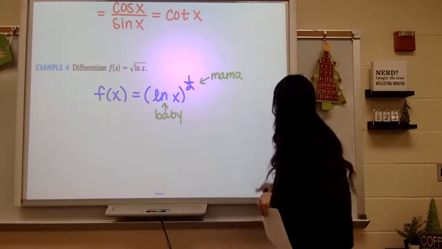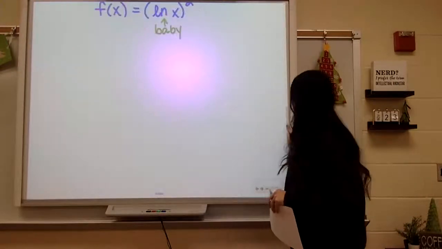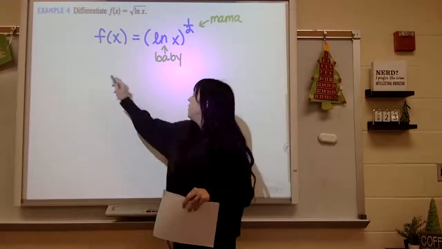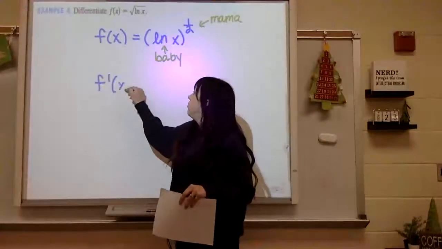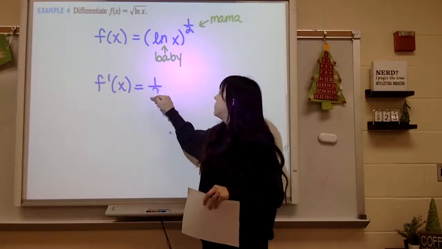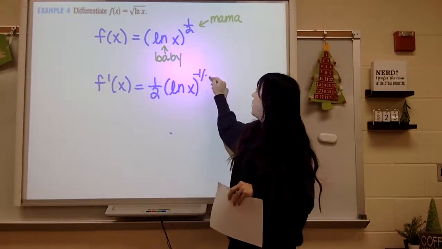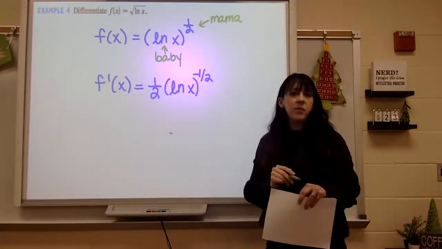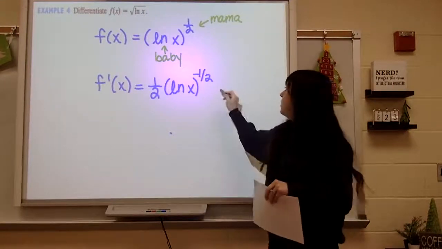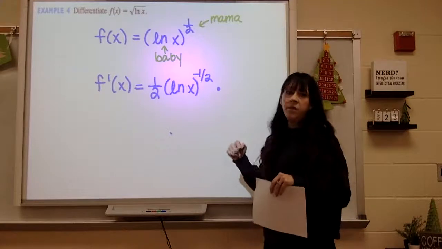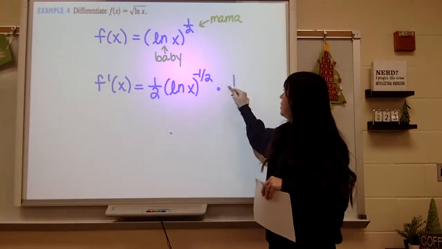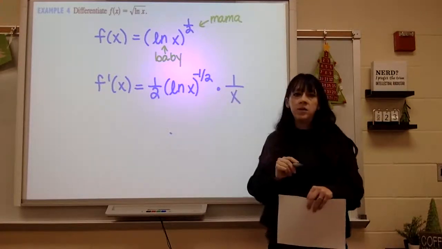So let's start with mama. The derivative of mama is 1/2, keep your baby to the negative 1/2 power. That's the derivative of mama times the derivative of baby. What's the derivative of ln of x? It's 1 over x.